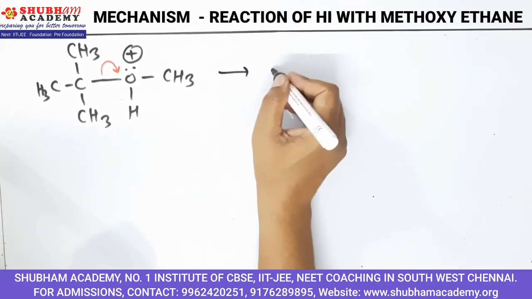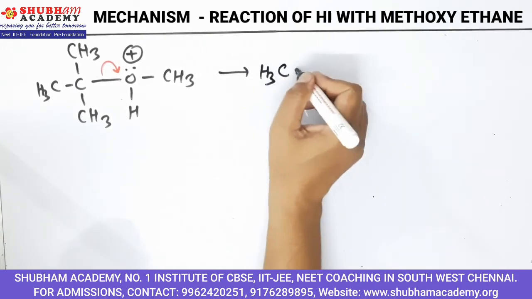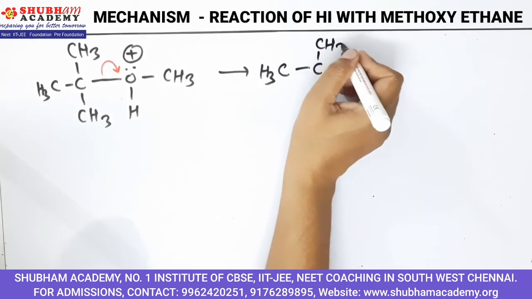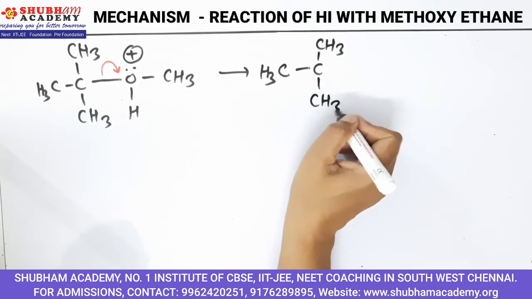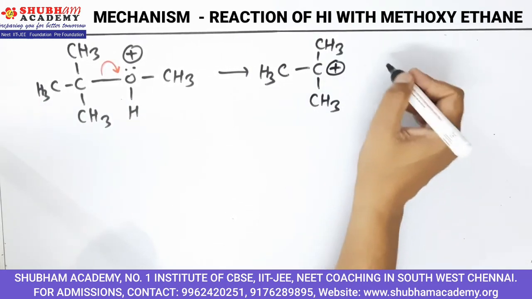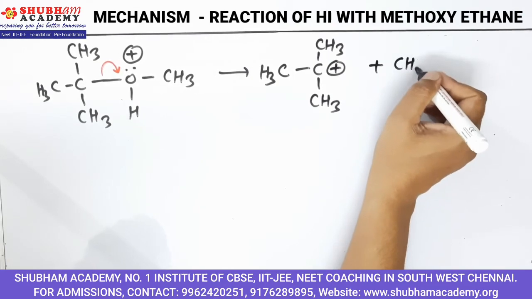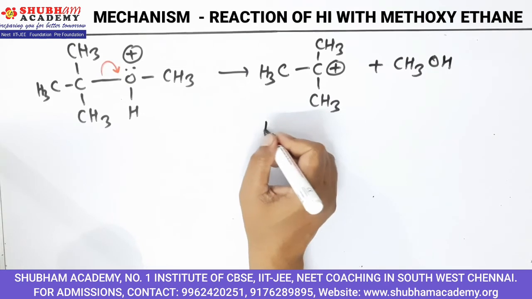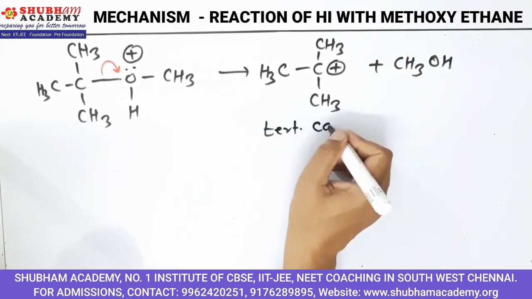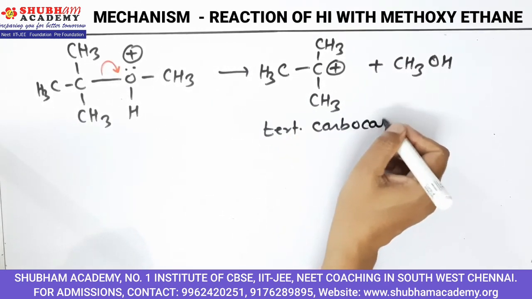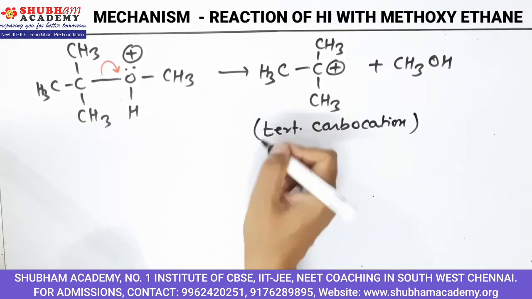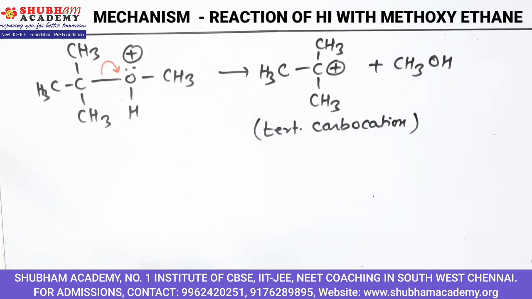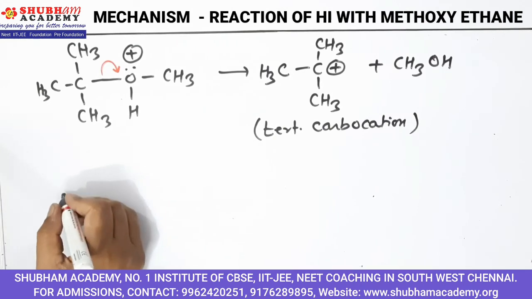You get a tertiary carbocation plus CH3OH. This is the tertiary carbocation. So, once you get a positive charge on this carbon, I minus will attack this carbon and complete the reaction.